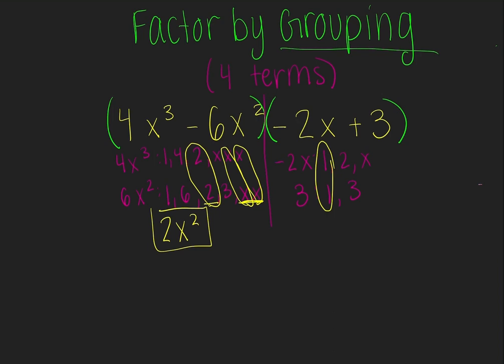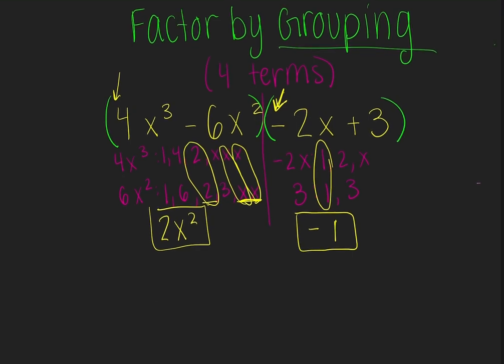That's the only number they have in common. So I'm going to take out a 1. But because the parenthesis starts with a negative, I'm going to take out a negative 1. Just like how this first parenthesis started with a positive, and I took out a positive 2x. So if this parenthesis starts with a positive, I would take out a positive.